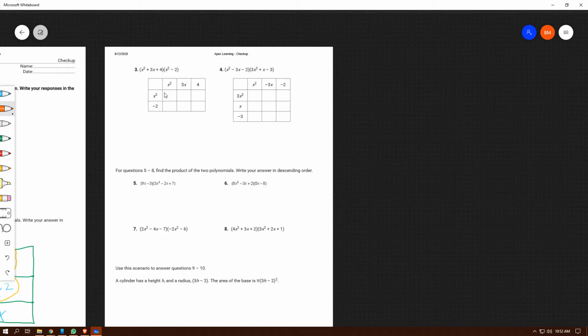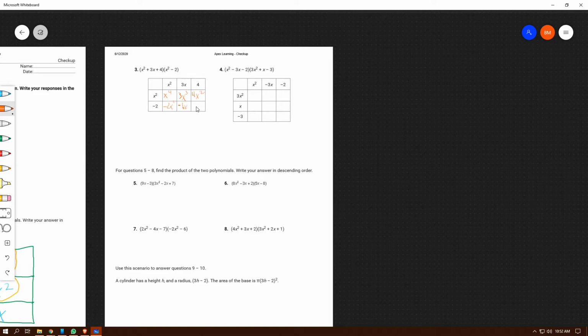X squared times x squared is going to be x to the 4th. X squared times 3x is going to be 3x cubed. X squared times 4 is 4x squared. X squared times negative 2 is negative 2x squared. Negative 2 times 3x is going to be negative 6x.